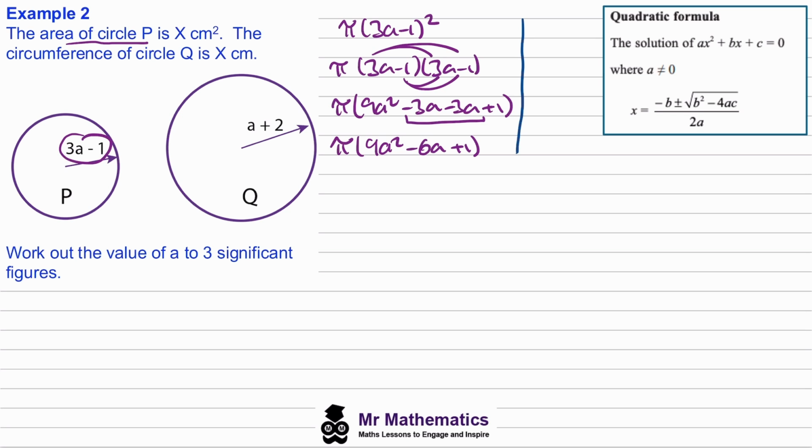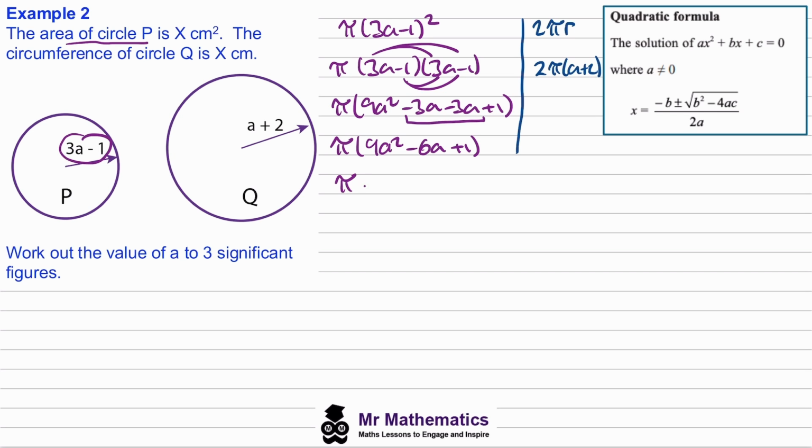And we're told that this has the same numerical value as the circumference of circle Q, and the circumference is 2 pi r, and the radius is a plus 2. Now because they have the same numerical value, we'll set these two equal to each other.